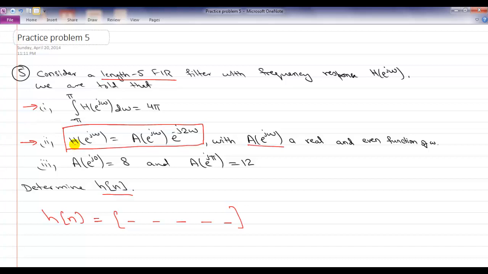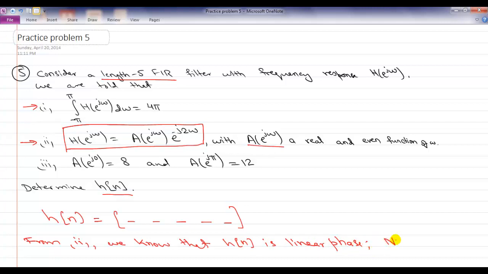Right? It's getting multiplied with A, which is just a real function, so it can be either positive or negative, times e^(-j2ω). So from 2, we know that h[n] is linear phase.